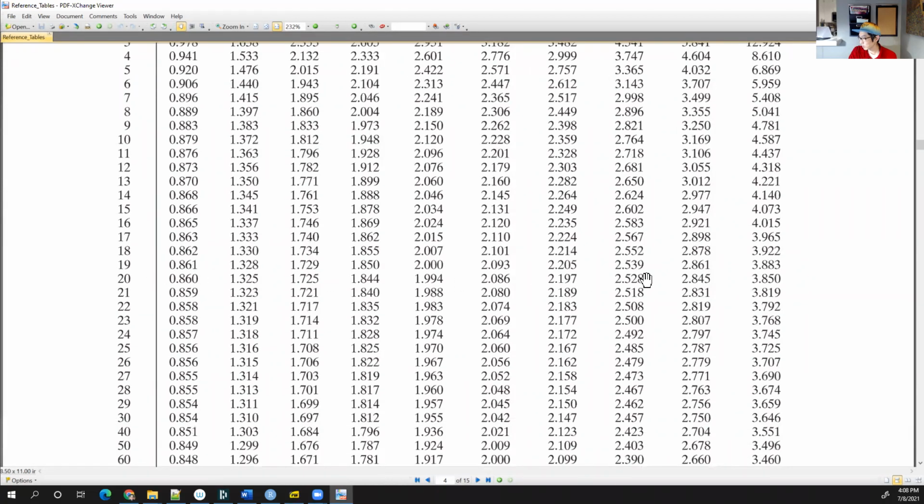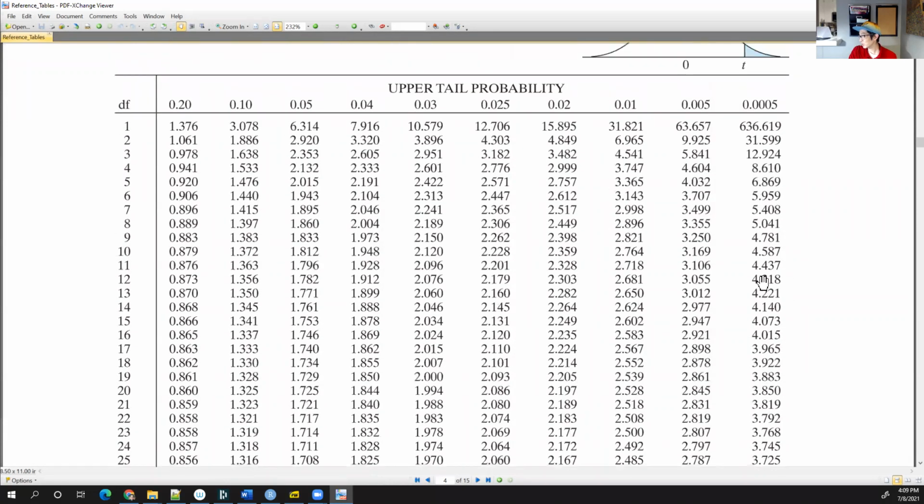We don't know the area in the tail, but we do know it has to be less than 0.0005. We don't know exactly what it is, but we can just leave it there.